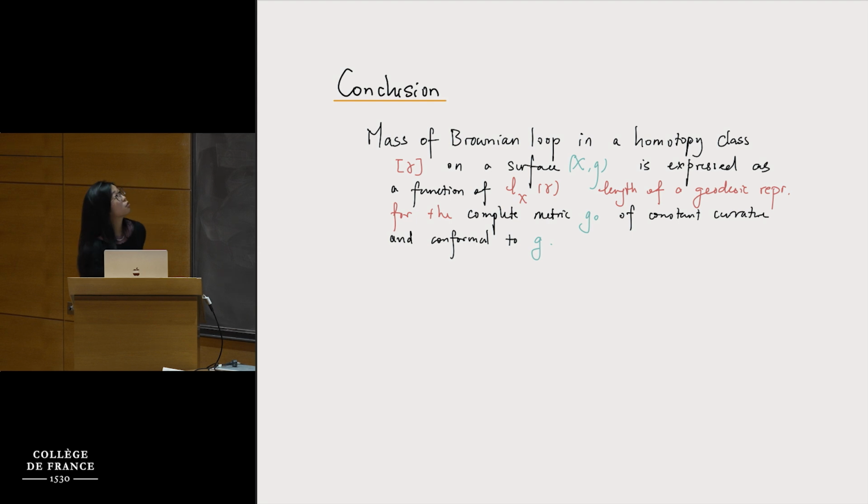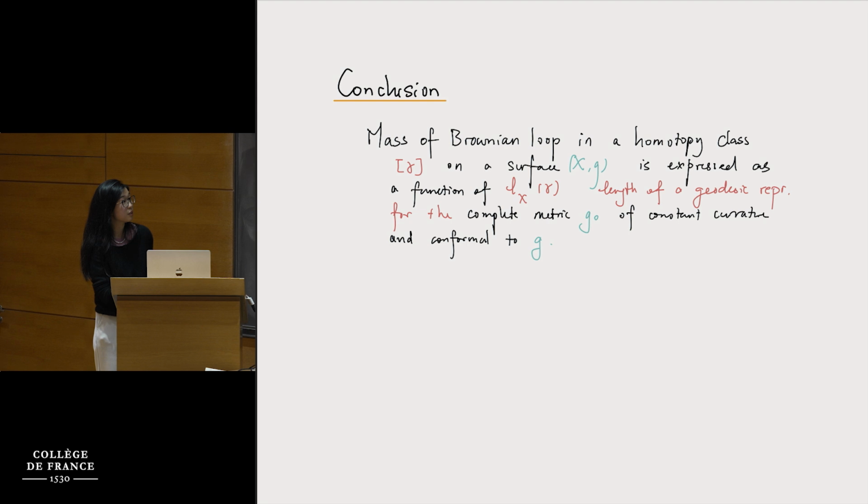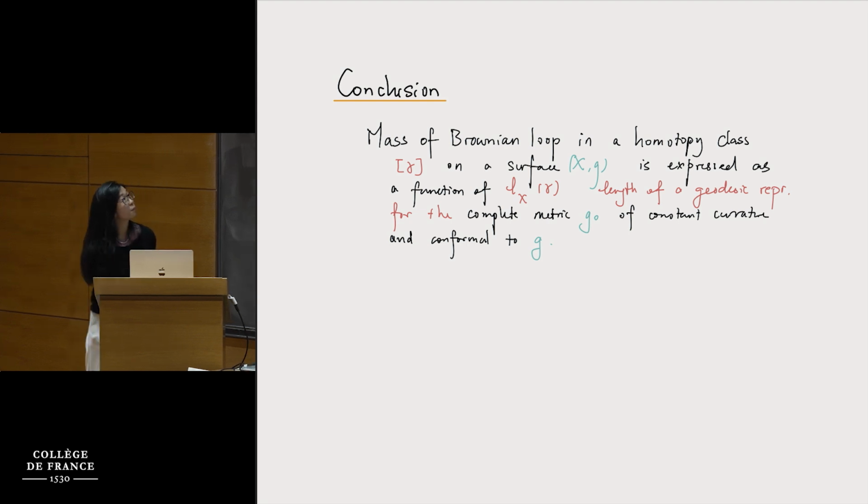Finally, let me conclude. In this talk, we saw that the computation of the mass of Brownian loops gives us that the total mass of Brownian loops homotopic to a given geodesic gamma is expressed by the length of the geodesic, which is this simple function. If it's primitive, it's just that, and divided by m if it's non-primitive.